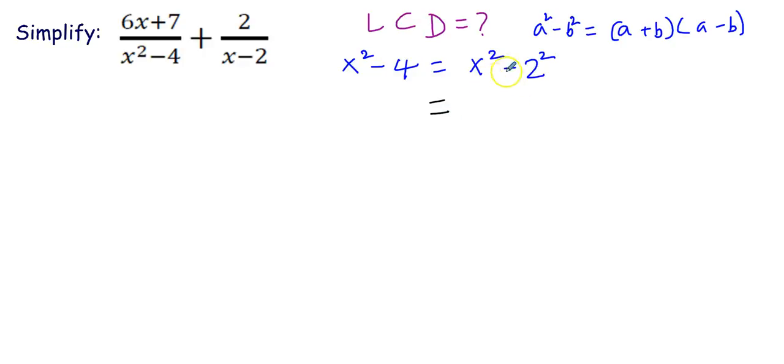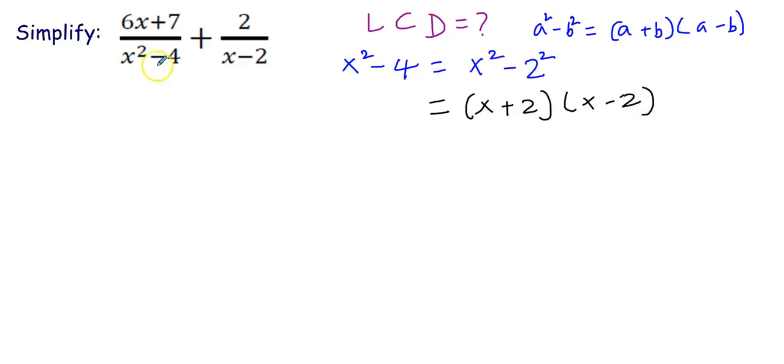Using that formula, instead of a square here, I have x square. For b square, we have 2 square. So just write down into that form. I'm replacing these a's and b's with x and 2. So x square minus 2 square equal to x plus 2 times x minus 2.